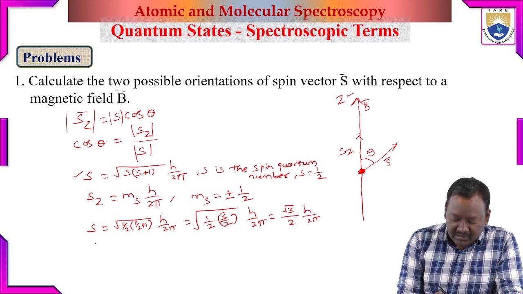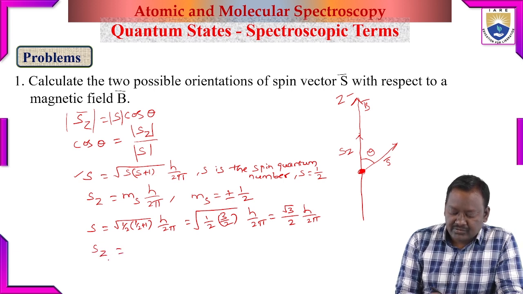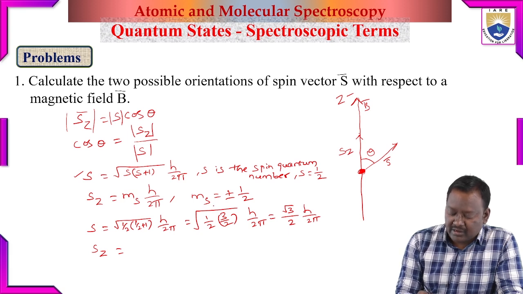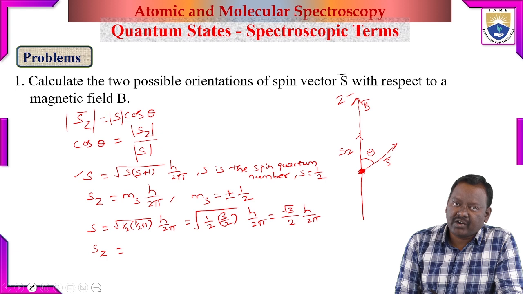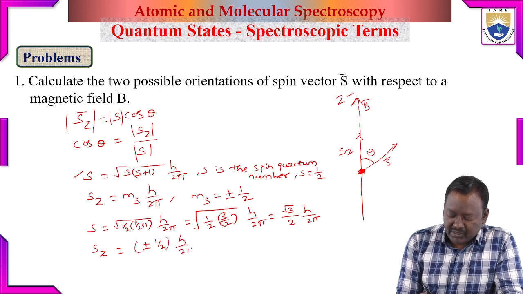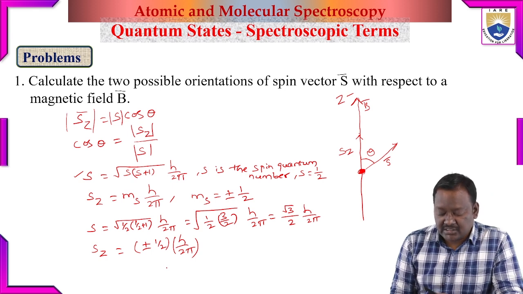And the magnitude of Sz is ms h by 2 pi, where ms can be either plus 1 by 2 or minus 1 by 2, so plus or minus 1 by 2 into h by 2 pi. That is the Sz value.